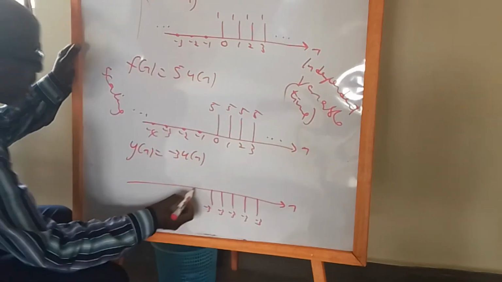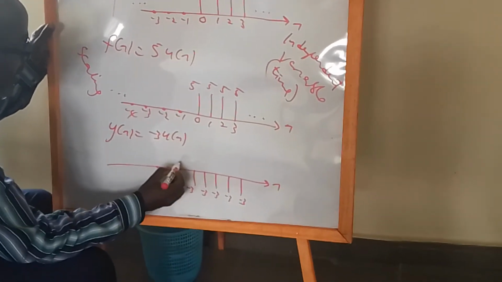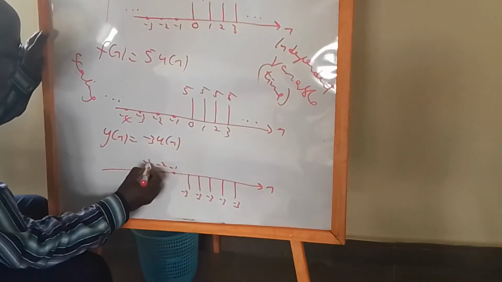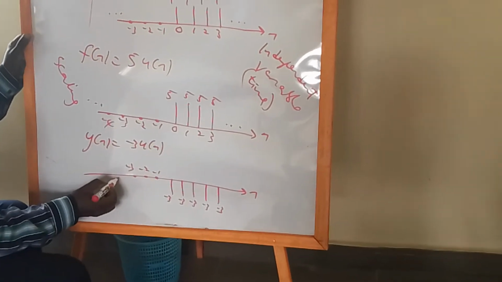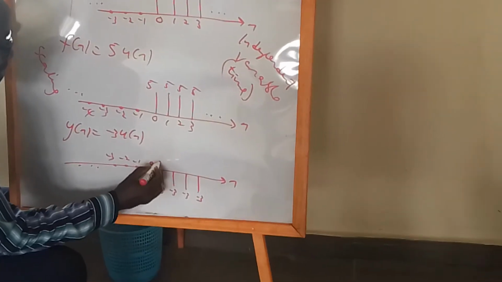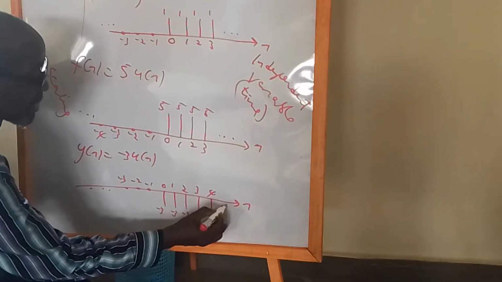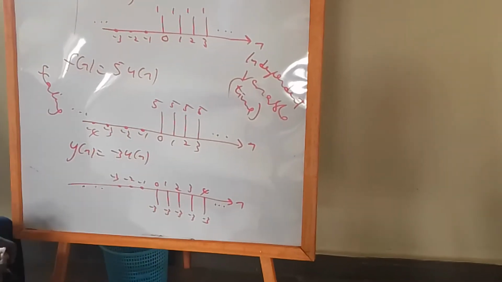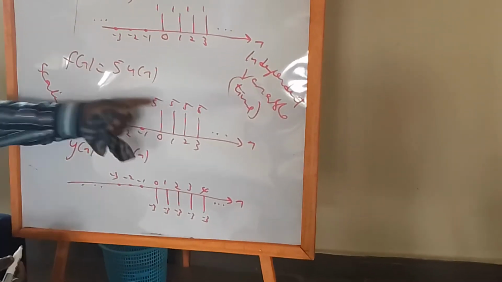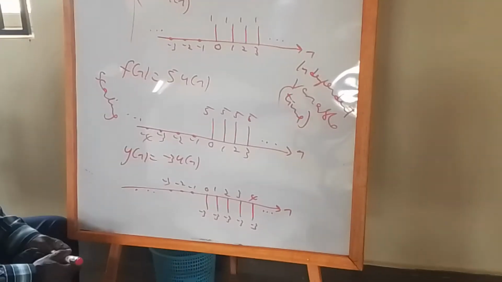This will still be 0, 0, 0 at locations -1, -2, -3, and this trend will continue. This is 0, 1, 2, 3, 4, and this trend will also continue. The two of them are scaling. We scale to multiply by 5. Here we are multiplying by -3.